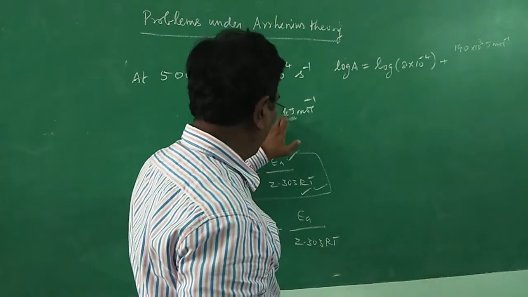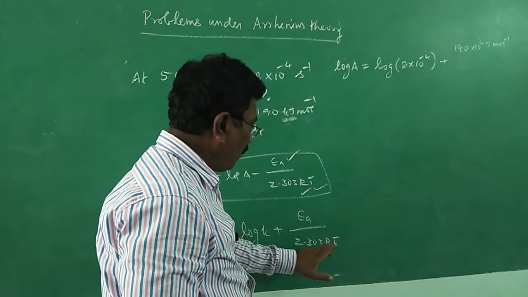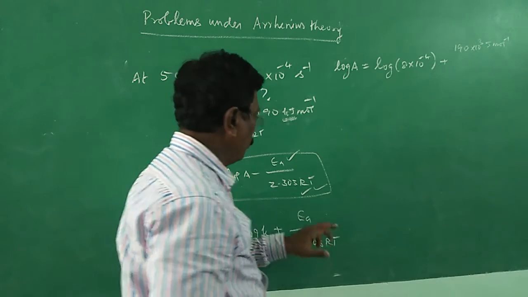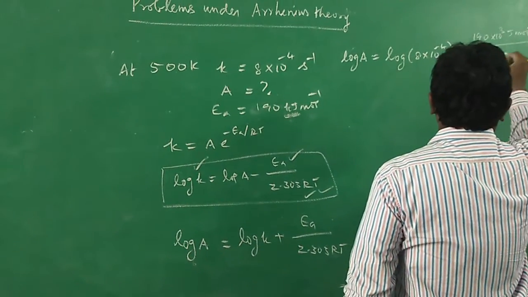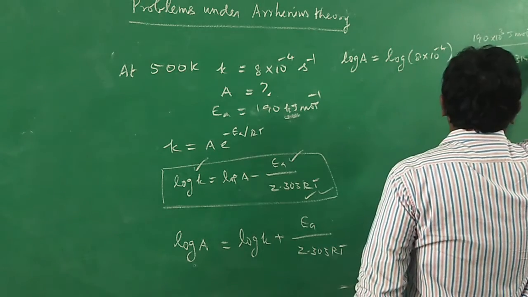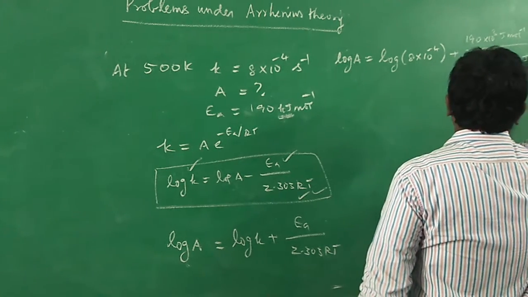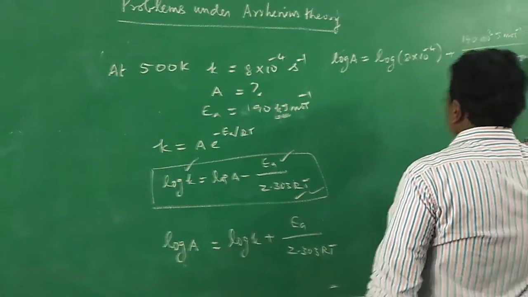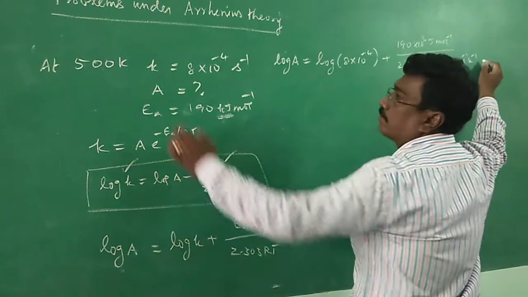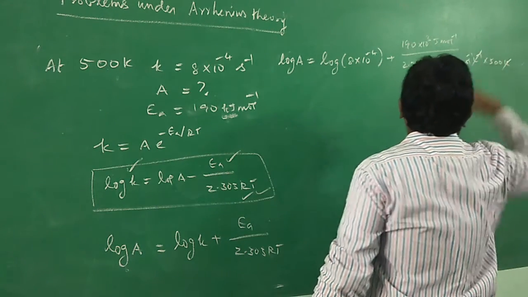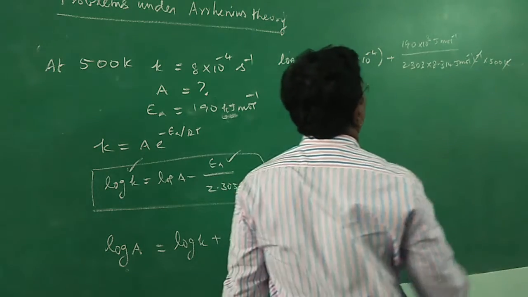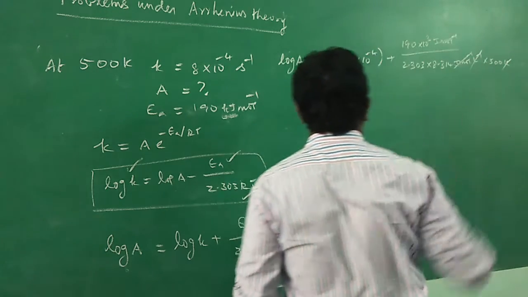Kilojoule is converted to joule. Why? At the denominator we have R that we are going to express in joule. Divided by 2.303 into 8.314 joule per mole per Kelvin, into temperature 500 Kelvin. Kelvin and Kelvin inverse get cancelled. Joule per mole get cancelled.